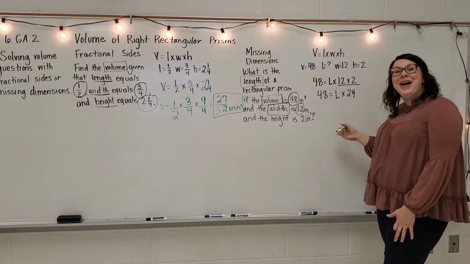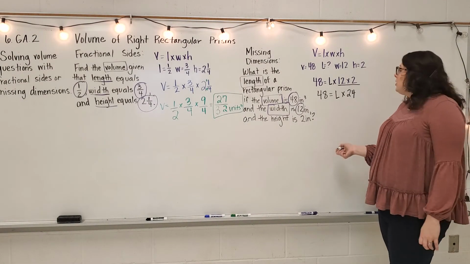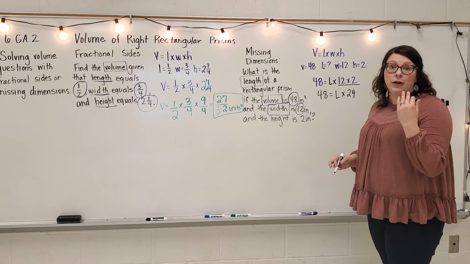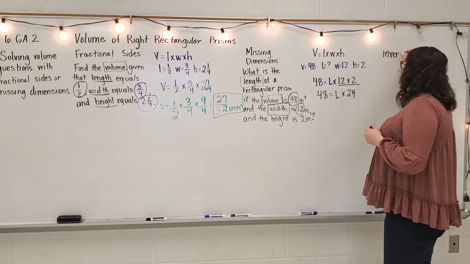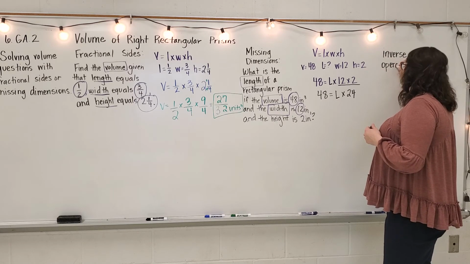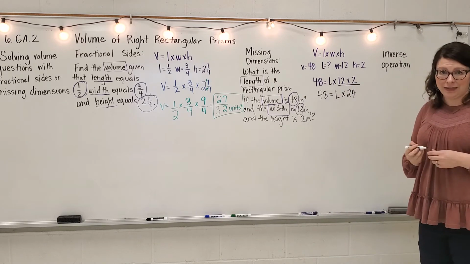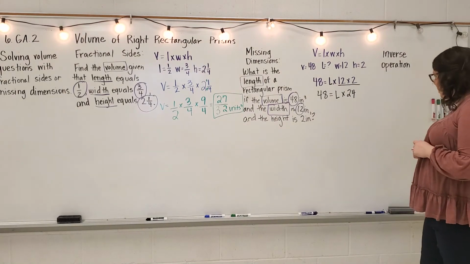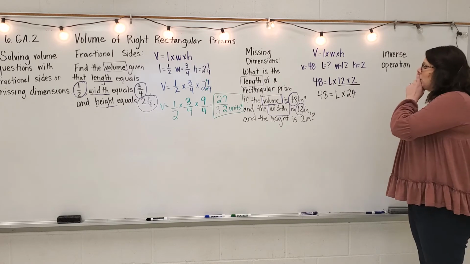Well, now this is solving an equation for a variable. So I'm going to do the inverse operation. Now I'm going to write that word here, and I hope you know that an inverse operation is the opposite operation. It reverses the calculation. All right, so I have 48 equals L times 24.